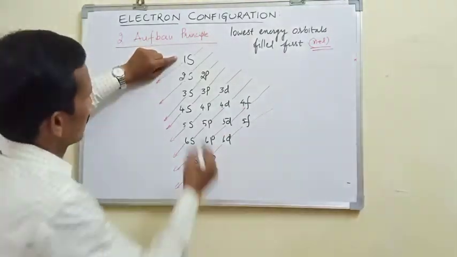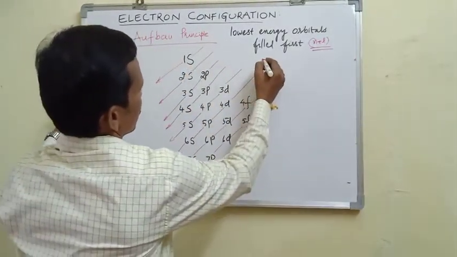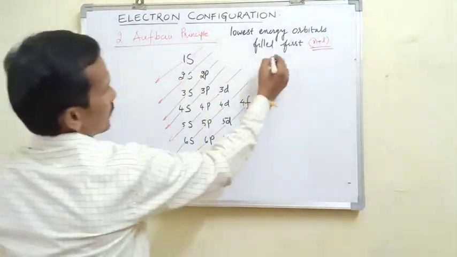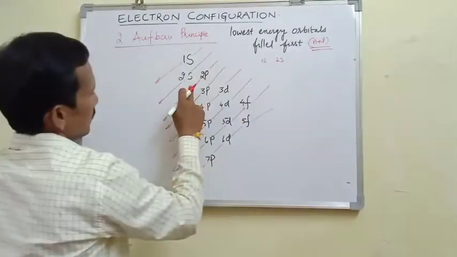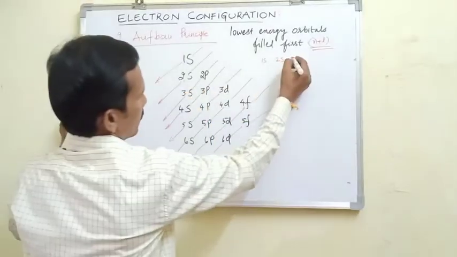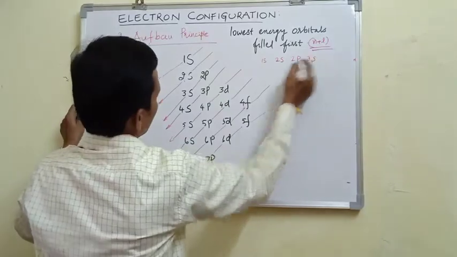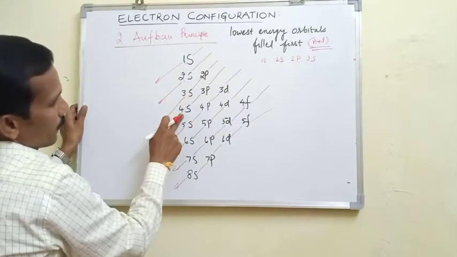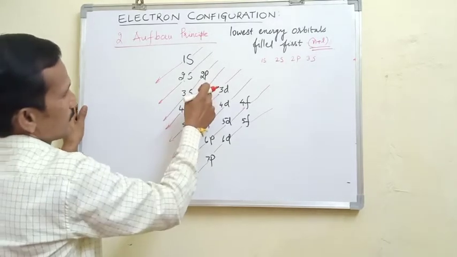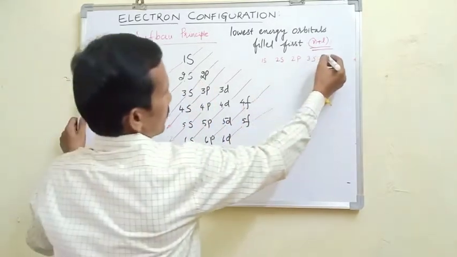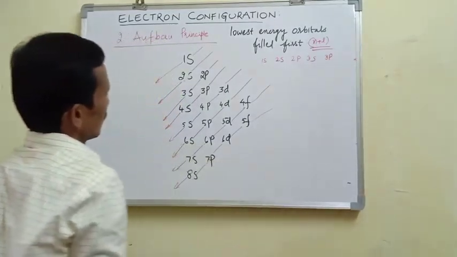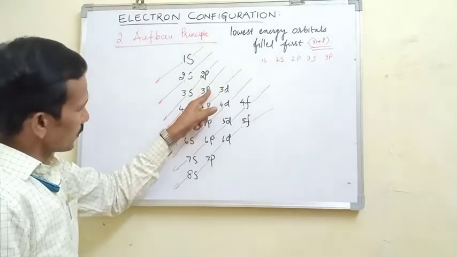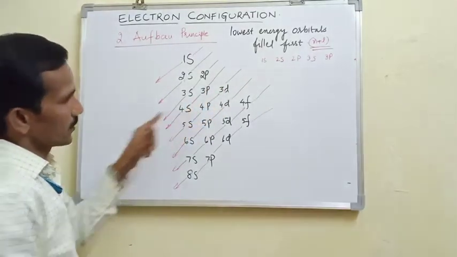Look, here 1s. The next arrow comes from here, 2s. Next 2p to 3s. After 3s there is not 4s; after 3s there is 3p. After 3p we don't go to 3d; the arrow from 3p indicates 4s.